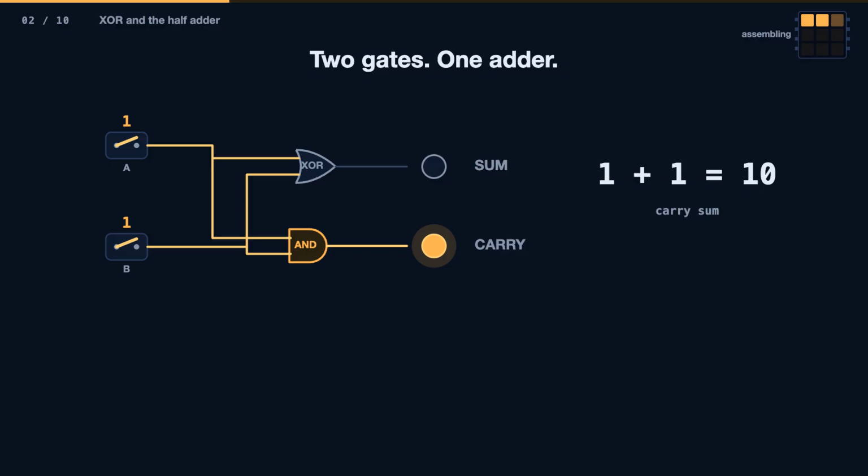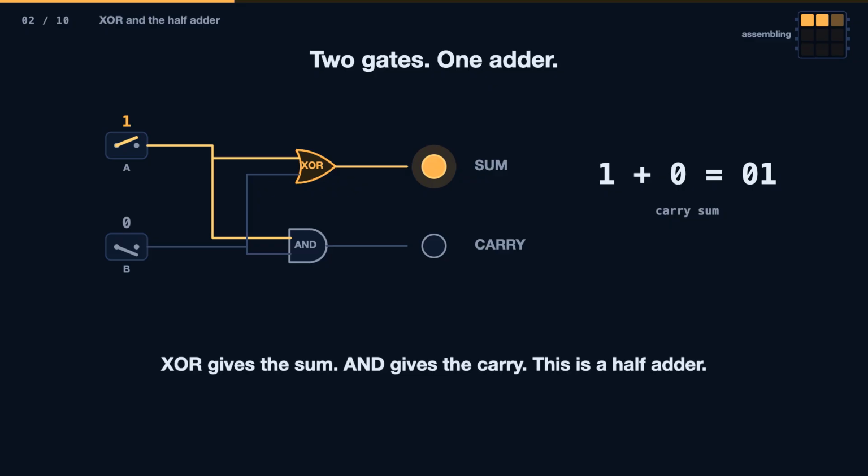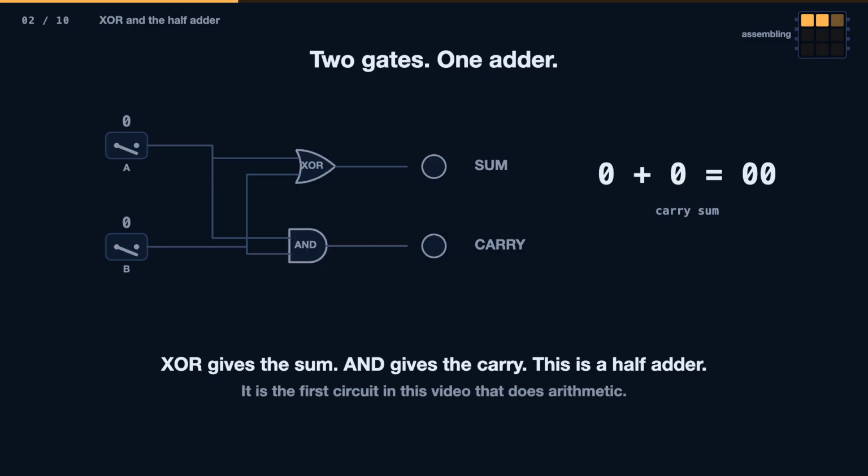Now the carry. It is 1 only when both inputs are 1, and that is exactly AND. Two gates fed from the same 2 inputs. This is a half adder, and it is the first circuit here that does arithmetic.